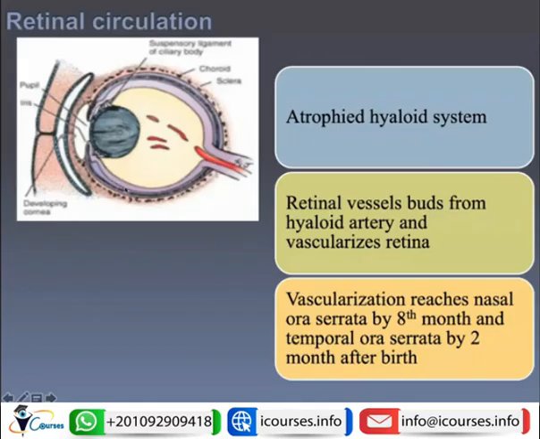It will reach the nasal ora serrata by the 8th month of gestation, while it reaches the temporal ora serrata about 2 months after birth. So vascularization of the temporal retina will continue after birth.